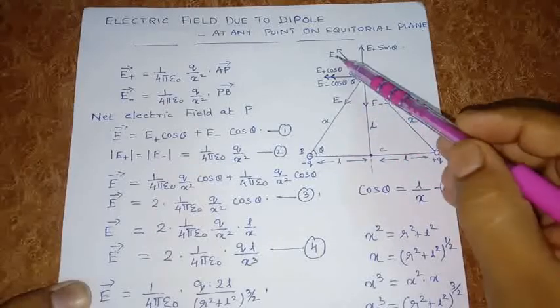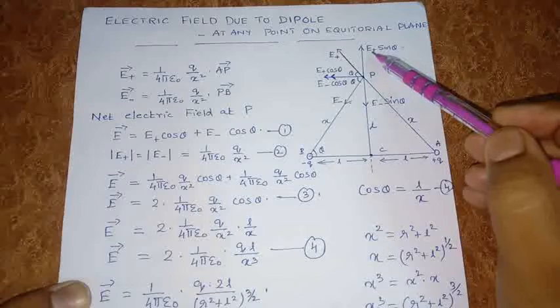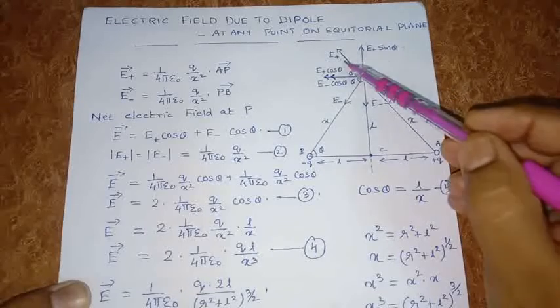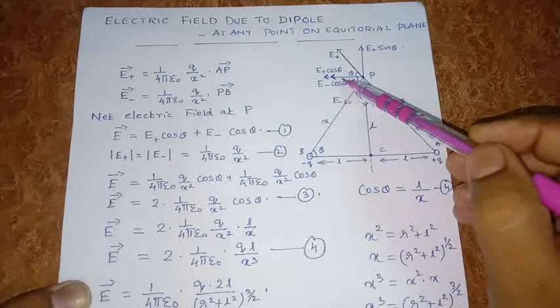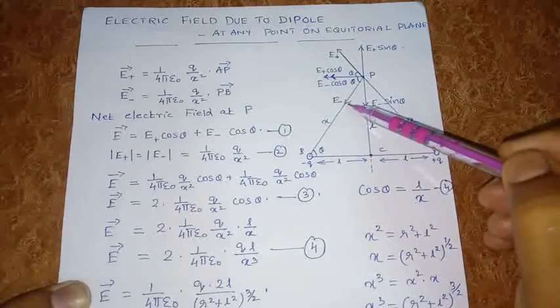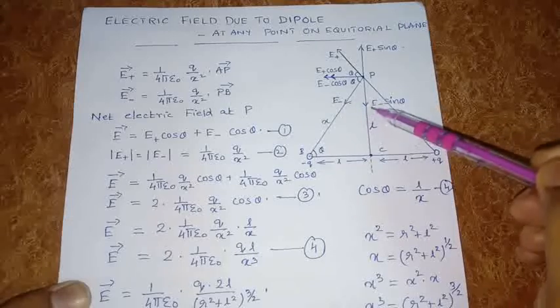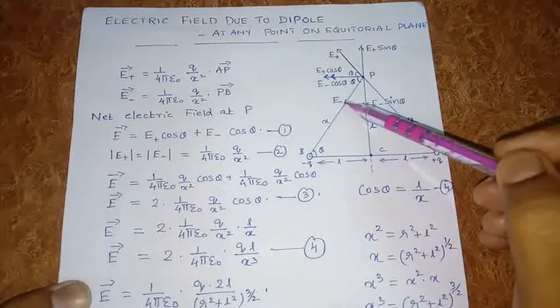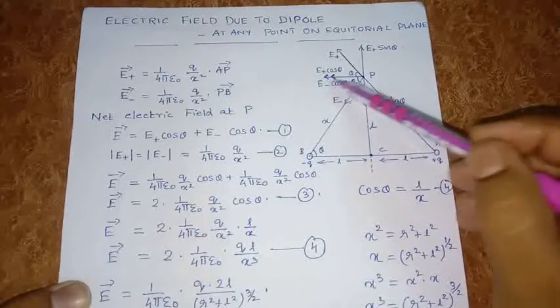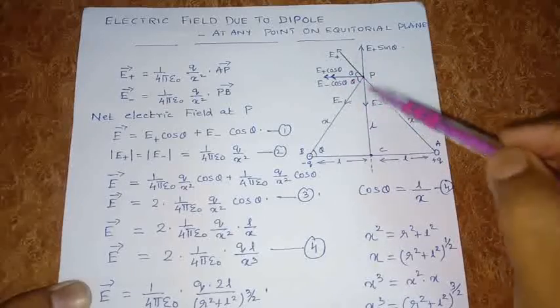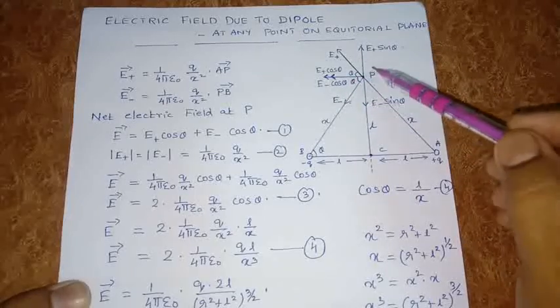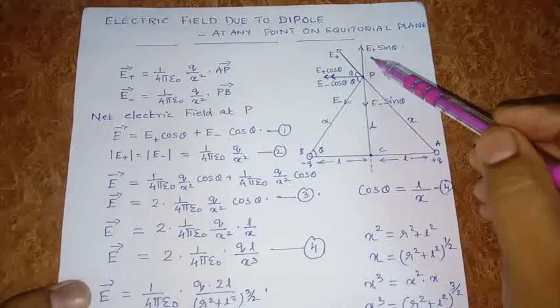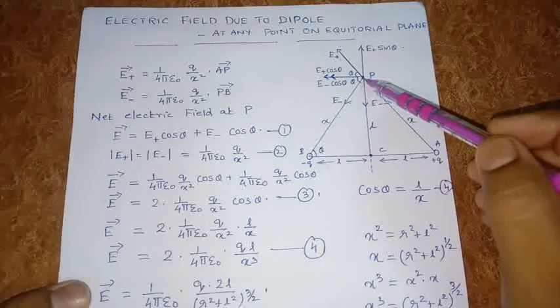Now E plus can be resolved in the y direction as E plus sine theta, and in the x direction as E plus cos theta. E minus also can be resolved in the y direction as E minus sine theta, and along the x direction as E minus cos theta. From this figure it is very clear that the y components of the electric field cancel out because they are equal and opposite.